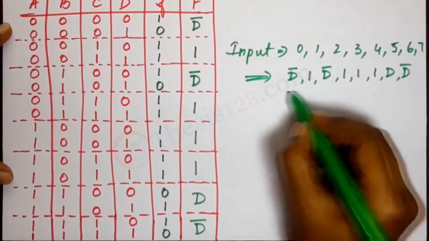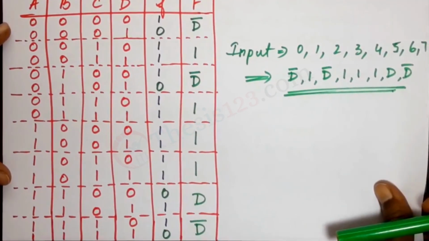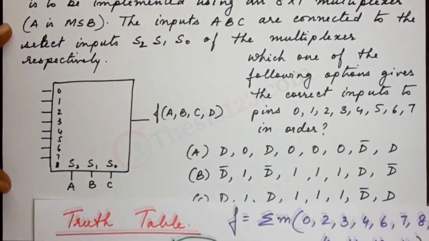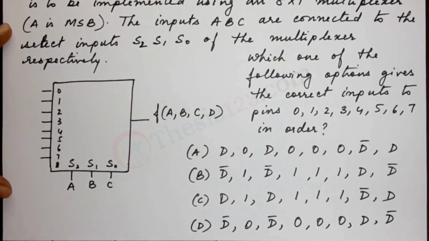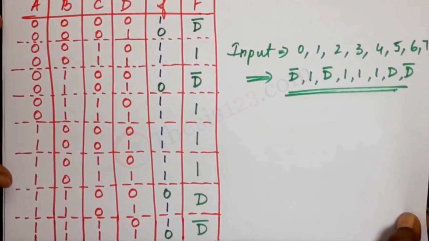These are the inputs. And this matches, let's check, option B. Well, this is the final answer.